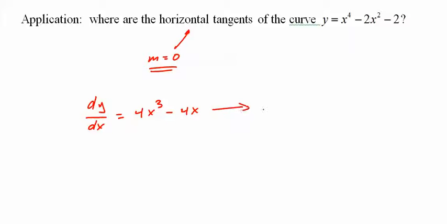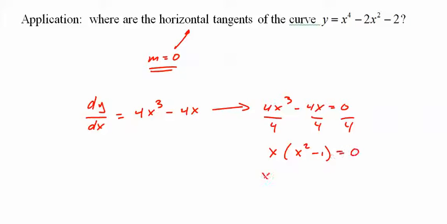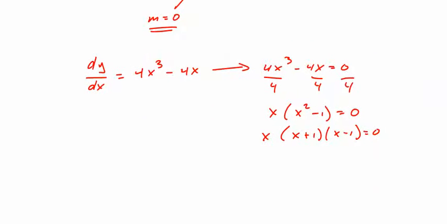Set that equal to 0. x times x plus 1 times x minus 1 equals 0. We will find horizontal tangents at x equals 0, x equals -1, x equals 1.